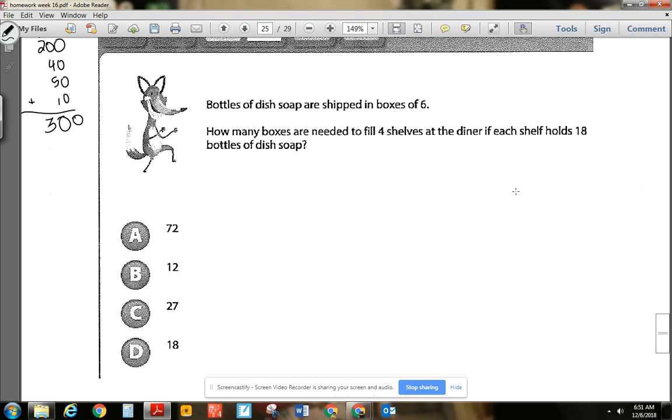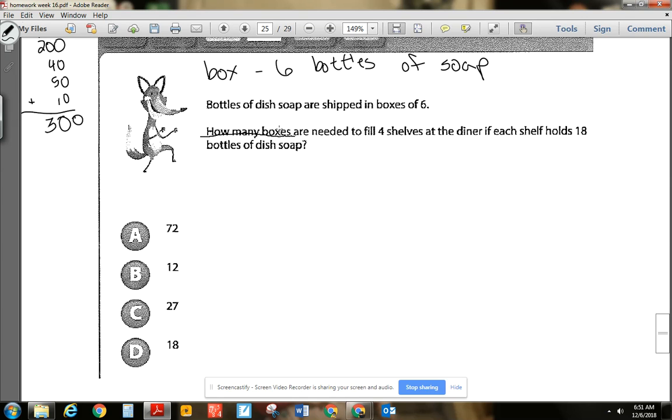And here's another two-step problem, and this is our last one. Bottles of dish soap are shipped in boxes of 6. Okay? So in a box, there are 6 bottles of soap. How many boxes are needed to fill 4 shelves? Okay?